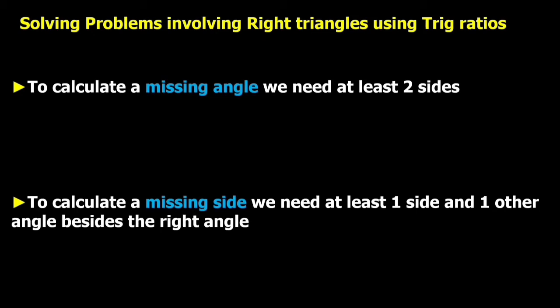There are 3 variables in that formula, and you're going to be asked to work out one of those variables. So you always need to have at least 2 of the other variables. To calculate a missing angle, we need at least 2 sides.